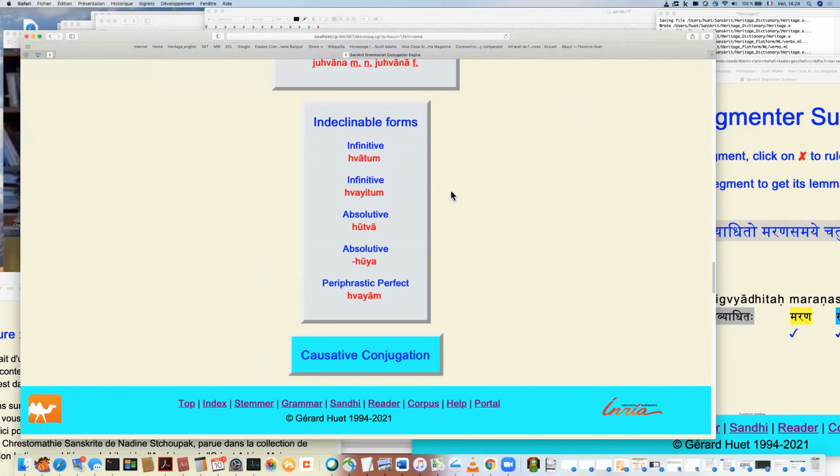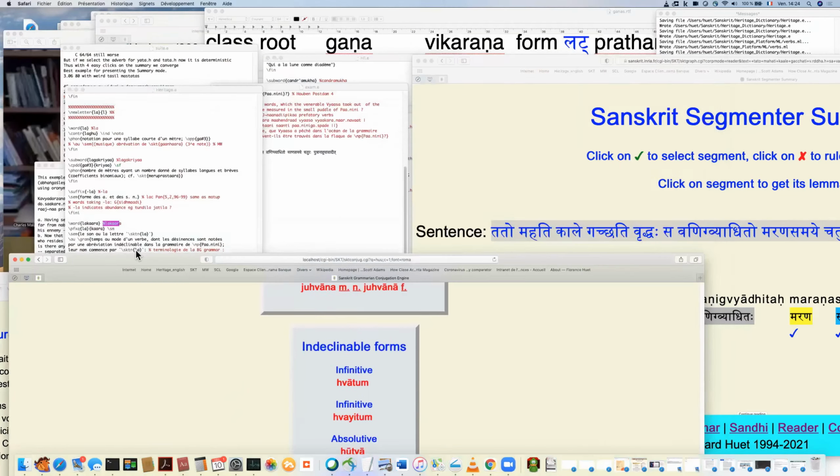And there are two forms, the form for the root, ktva, and the form for the verb with a preverb. It's lyap, so it's Ahuya. All right.